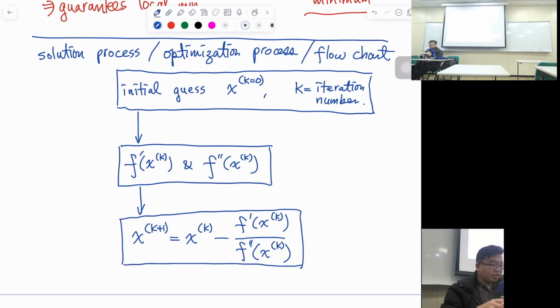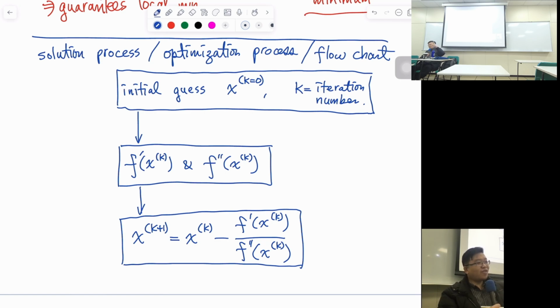So basically, this equation was derived by Newton. It tells you, okay, do this. And the (k+1)th x will be determined based on the kth x.